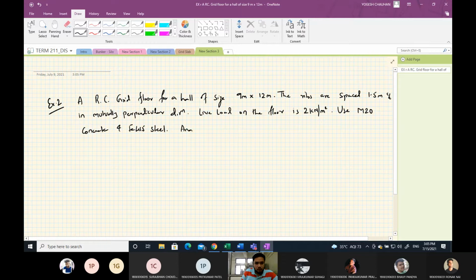Analyze the grid floor by Rankine-Grashof method for moments and shear.